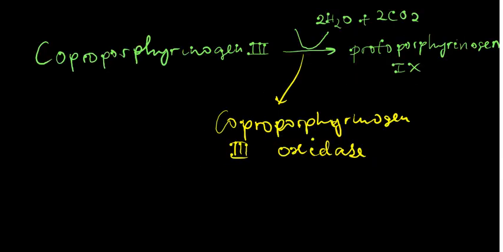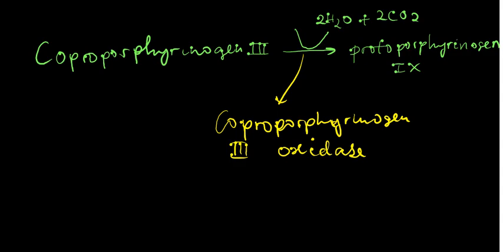So coproporphyrinogen 3 then enters back into the mitochondria. Remember that all these processes were happening in the cytosol. Now, when we reach the stage where coproporphyrinogen 3 is synthesized, it goes back to the mitochondria, where it gets oxidized by coproporphyrinogen 3 oxidase.